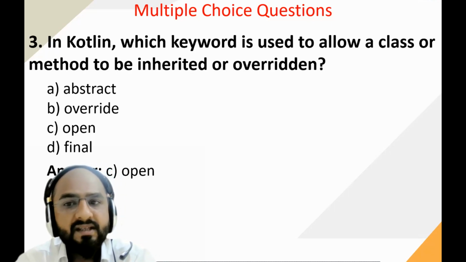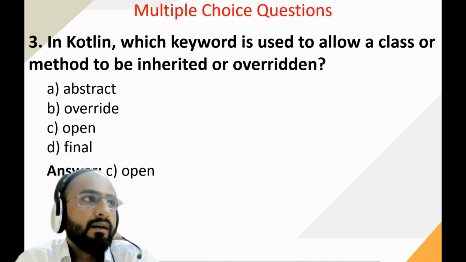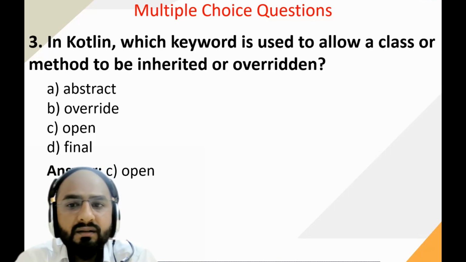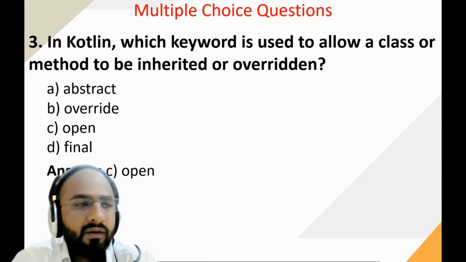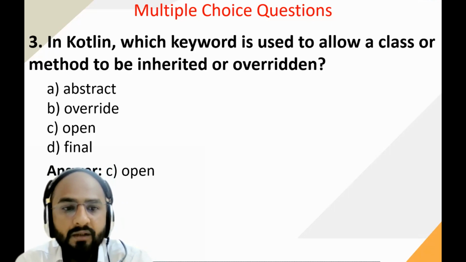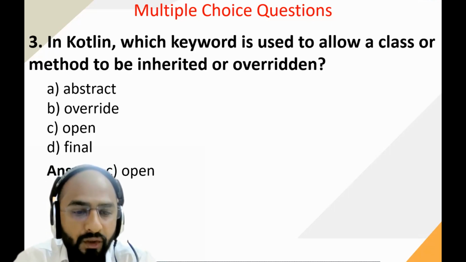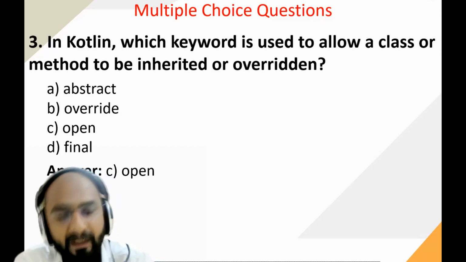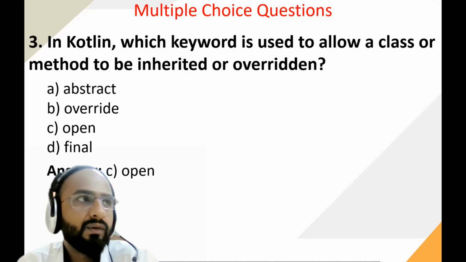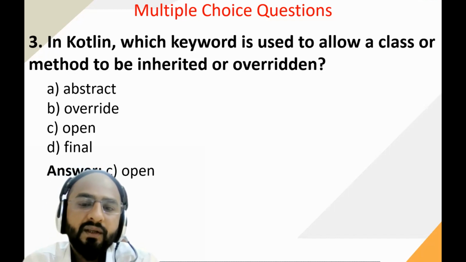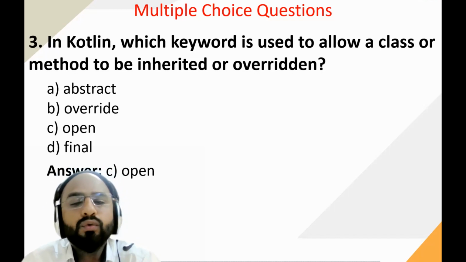Open is a keyword used to allow inheritance of the class and overriding of the methods of that particular class. Because a class is final by default and a method is also final by default, you need to open that particular class to inherit, and you need to open that particular method to override.